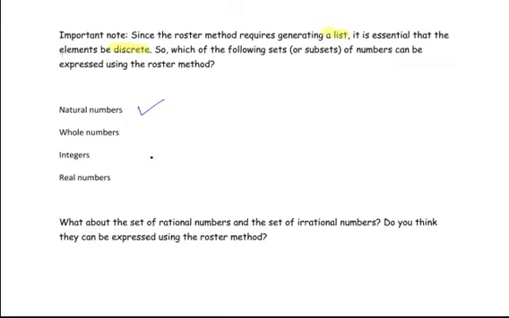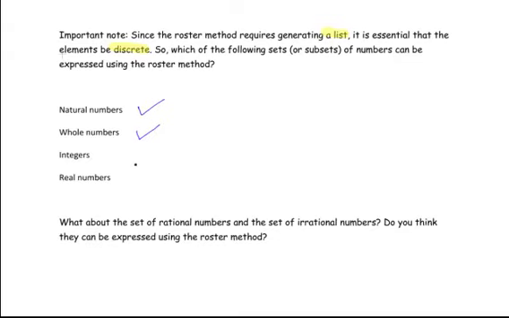Natural numbers can be listed. We start at 1 and we keep going in discrete increments because natural numbers are the numbers we use for counting. So 1, 2, 3 and so on. How about whole numbers? Well, that's the set of natural numbers plus the 0. So yes, these are discrete also and we can list them. So the set of whole numbers can be written using the roster method.